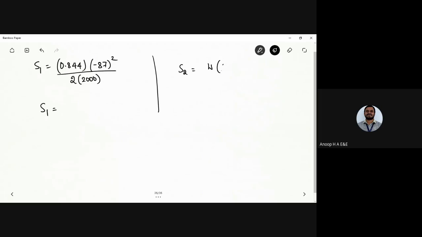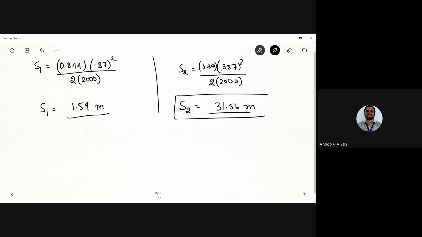W times 387 squared, where we know the value of W, 0.844, divided by 2 into 2000. This is S2. S1 is 0.59 meters. What is S2? 31.56 meters. Okay, so I got S1 and S2.